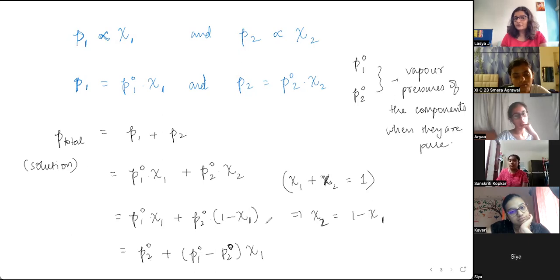So that's what Raoult's law is used for. This is the derivation from the Raoult's law statement.